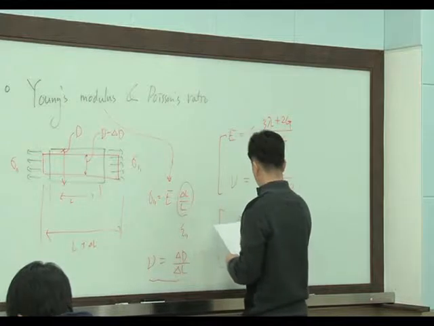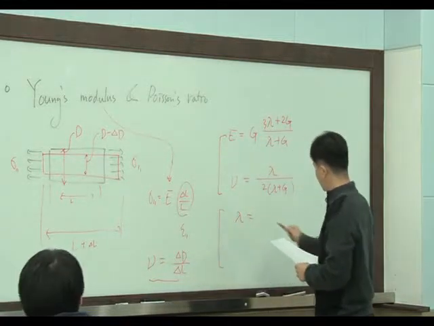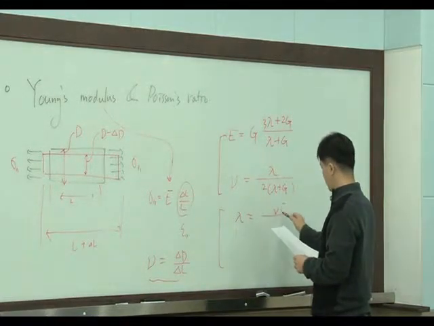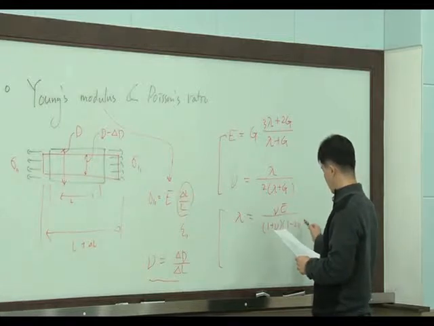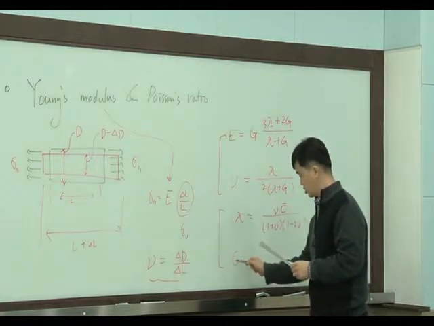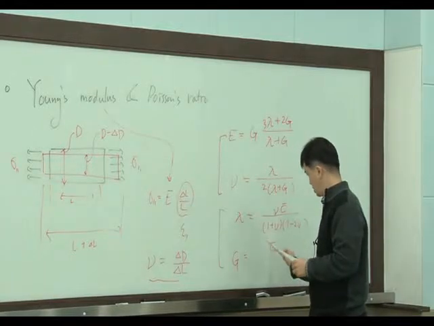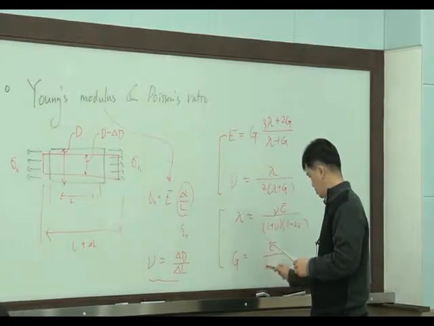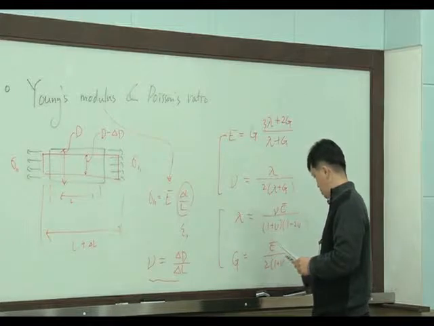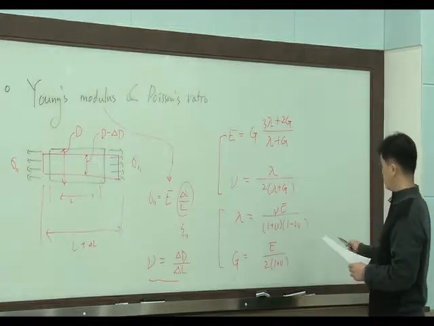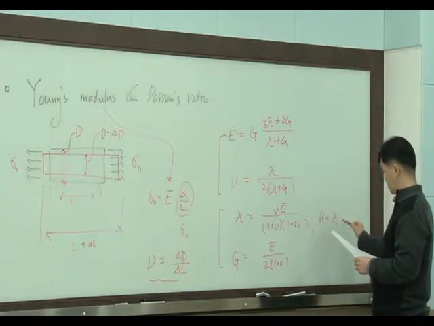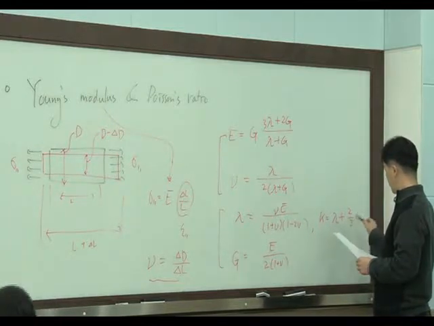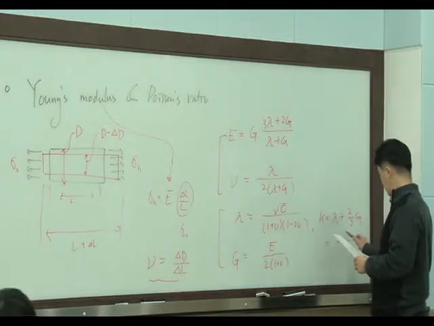Also, lambda and G can be represented in terms of Poisson ratio and Young's modulus. And G, E, also K equals lambda plus 2 over 3 G equals E over something.